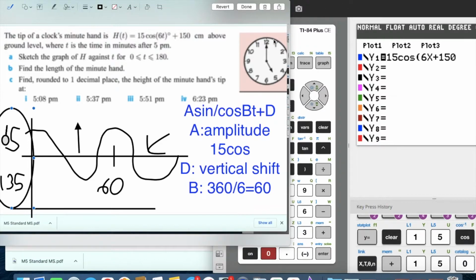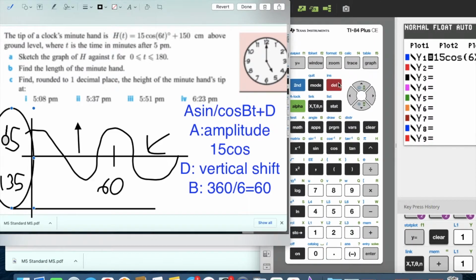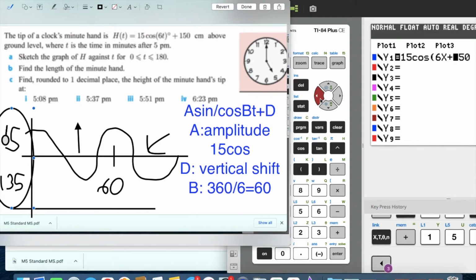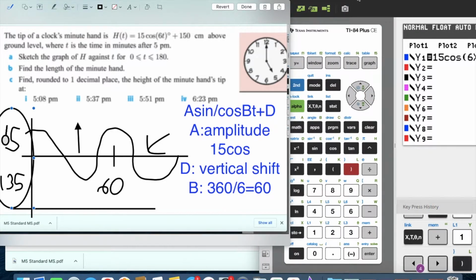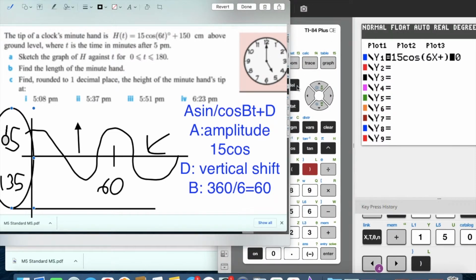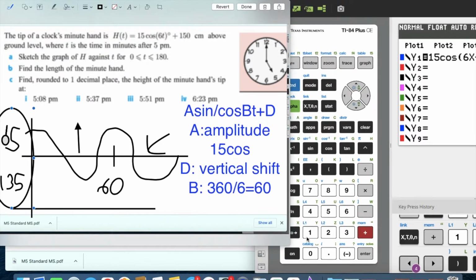And you can see here I've made a mistake. Maybe pause the video and see what mistake I've made. Hopefully you've realised that we should close the bracket after 6x. So I'm going to delete a few of the numbers. And another way of doing that is just to close bracket here and then delete the ones after it. And then we're going to put plus 150.